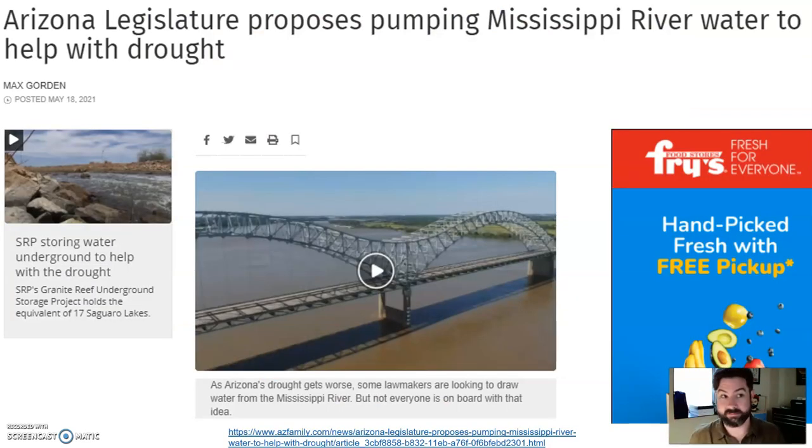Here's how bad it is. This is not a joke. So the Arizona legislature proposed pumping Mississippi River water to Arizona to help with our drought. You thought it was bad taking water from Mono Lake to LA 300 miles away. Do you know how far the Mississippi River is away from Arizona? This is what they're proposing.